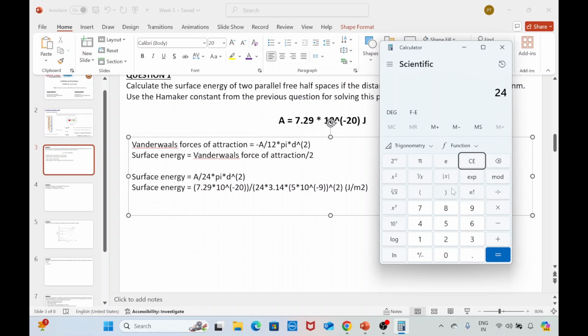So 24 times 3.14 times 25. I am expressing this 5 into 10 power minus 9, the whole square, as 25 times 10 power minus 18.